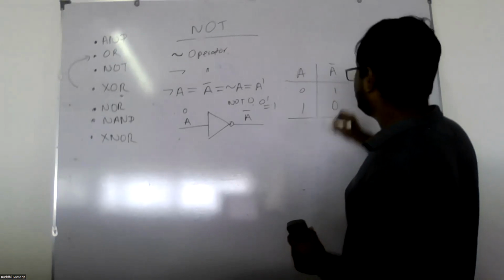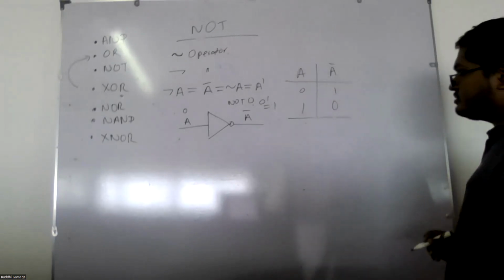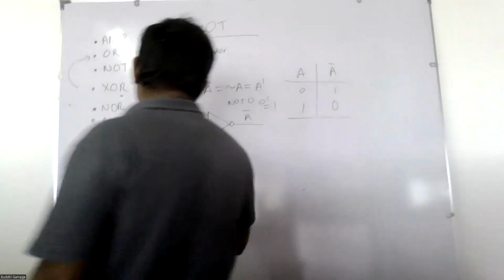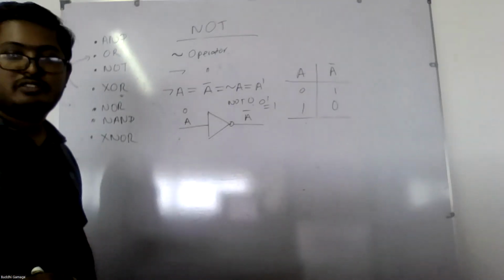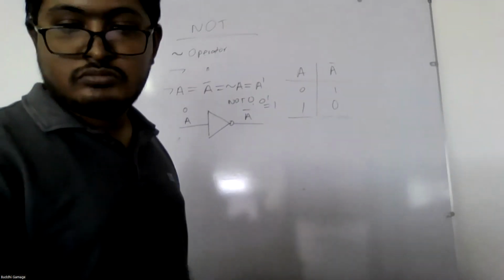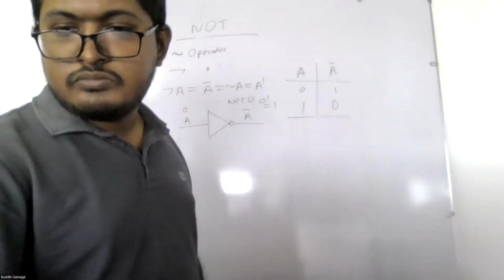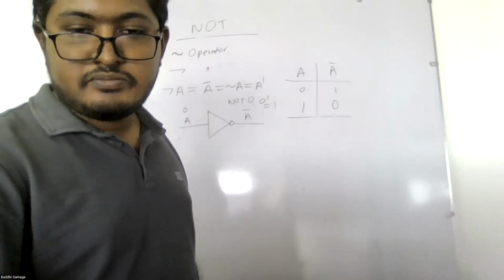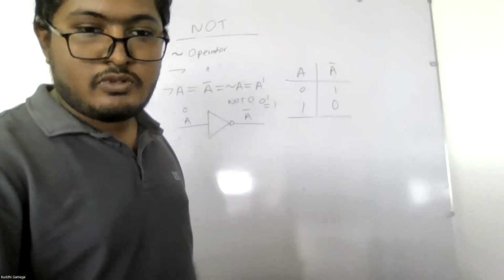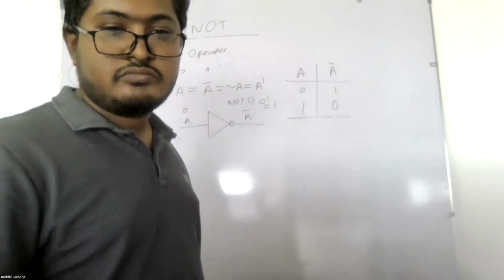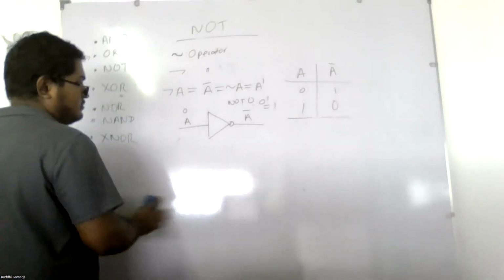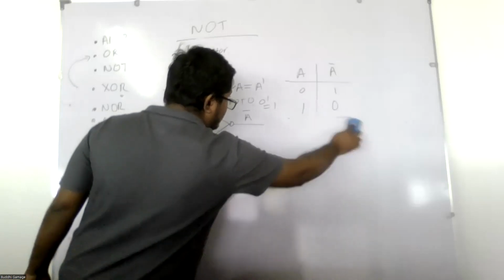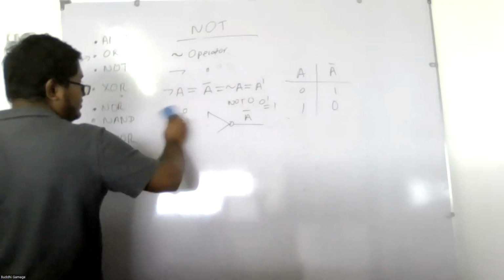If it is 1, then it will be 0. So this is the bar, the NOT operator. Right? If you have any problems, please ask.